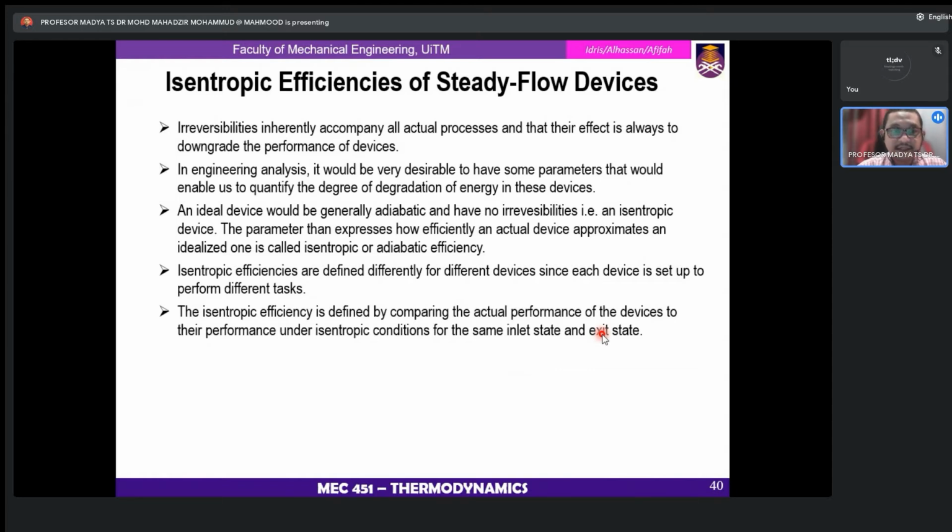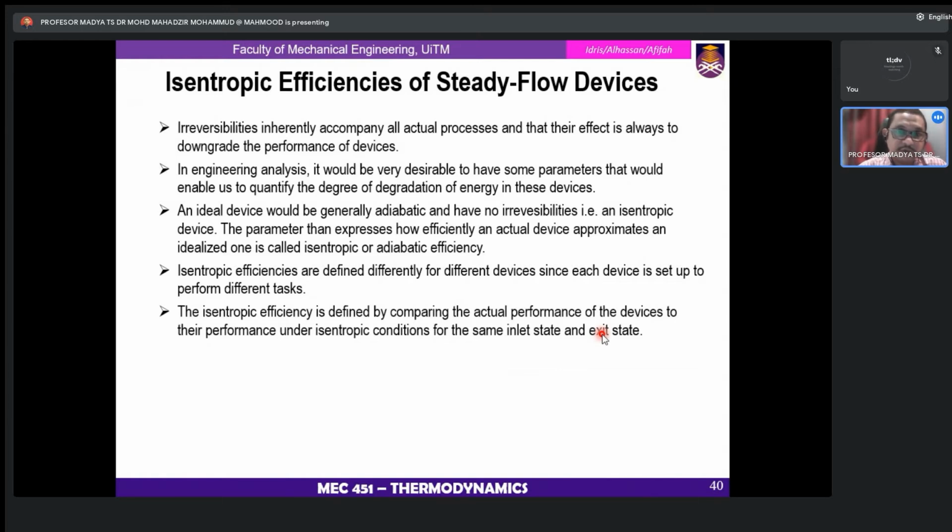An ideal device would be adiabatic and have no irreversibilities. Okay, that is in the ideal case. An isentropic device. The parameter that expresses how efficiently an actual device approximates an idealized one is called isentropic or adiabatic efficiency.